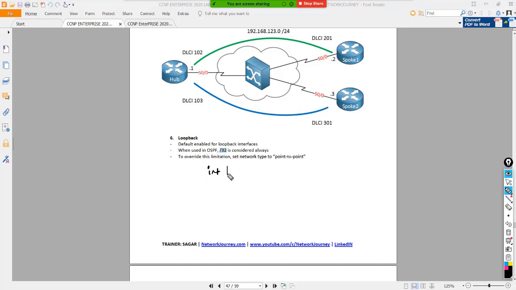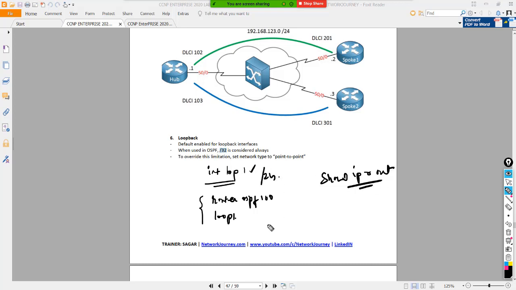Let's say we have interface loopback 1 and I'm advertising loopback 1 under my router OSPF. Let's say interface loopback 1 is on /24.